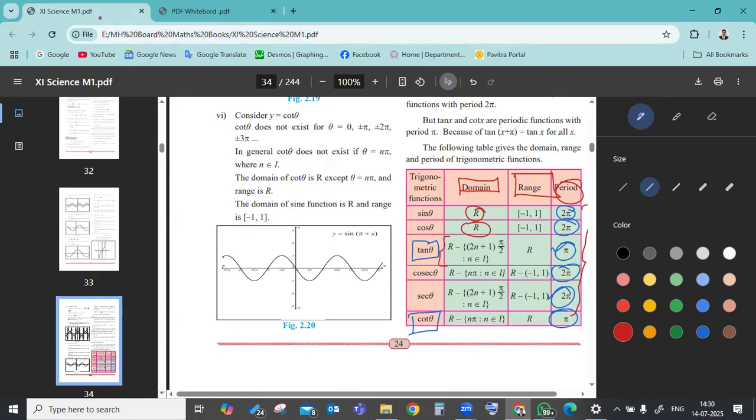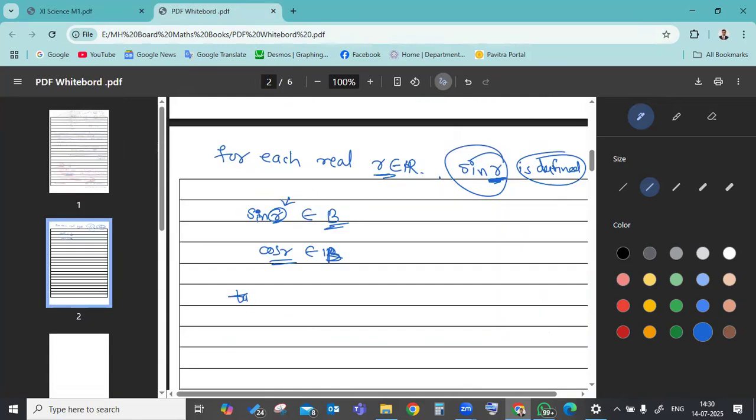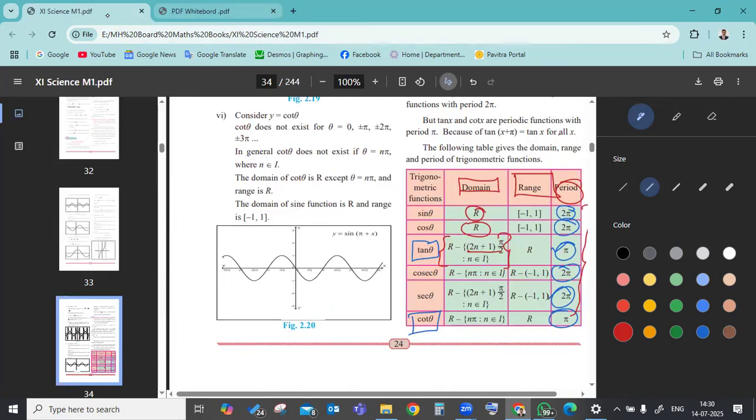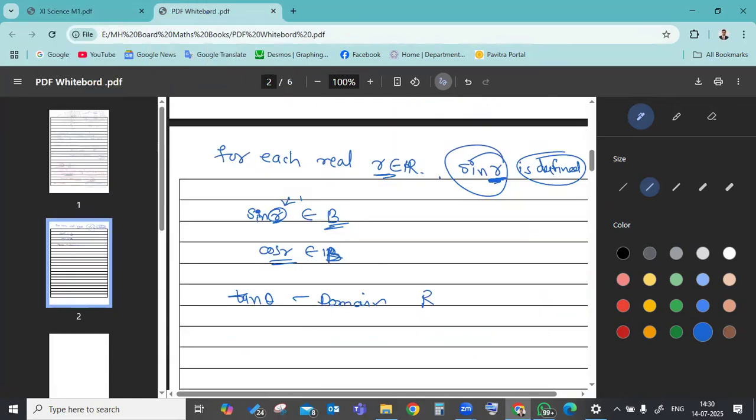Okay. Now see third, domain of tan theta. Domain of tan theta is R minus (2n plus 1) pi by 2.